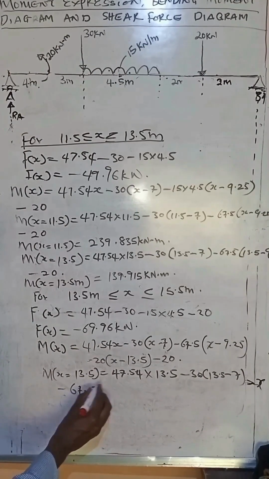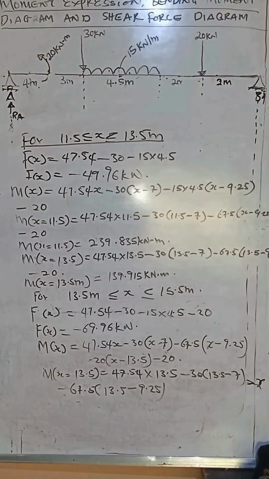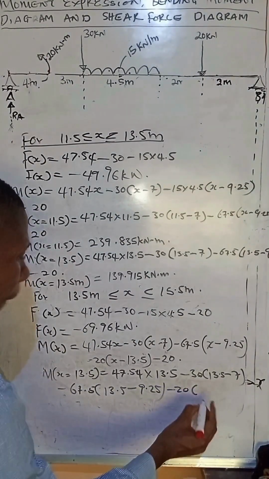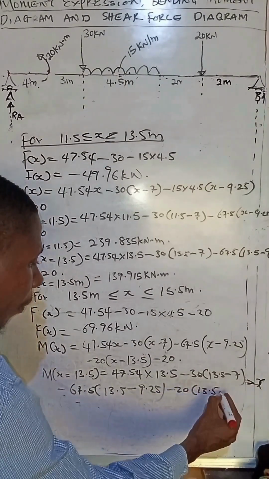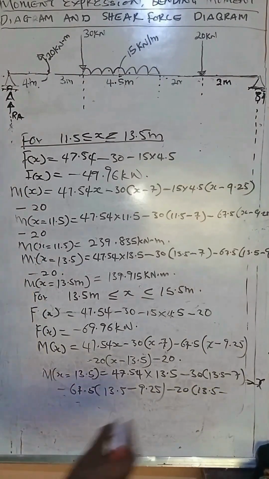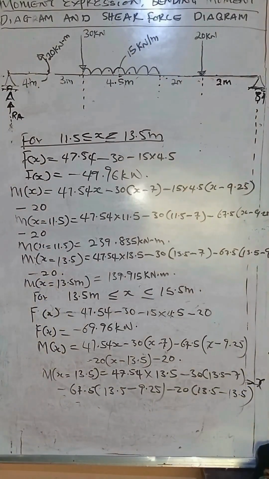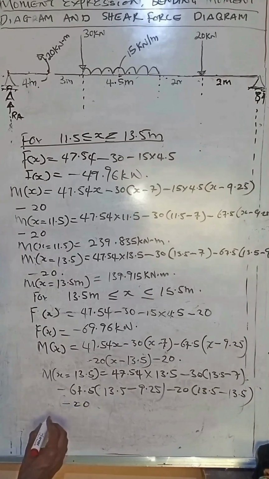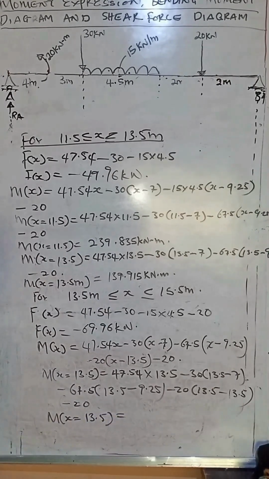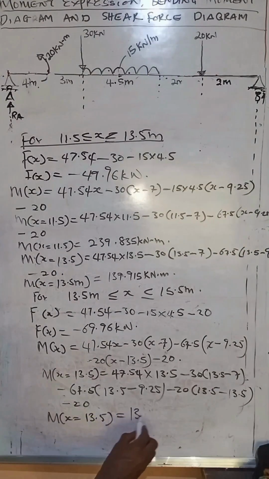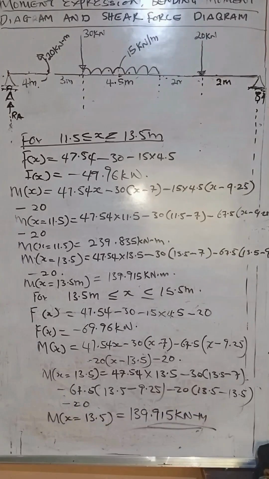So if we do that, we'll have that when x is 13.5, our moment is 139.915 kilonewton meters. All right.